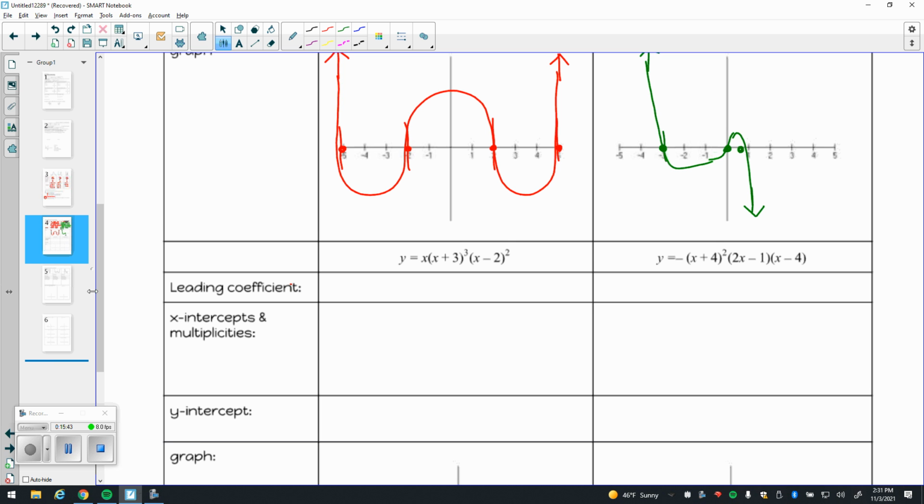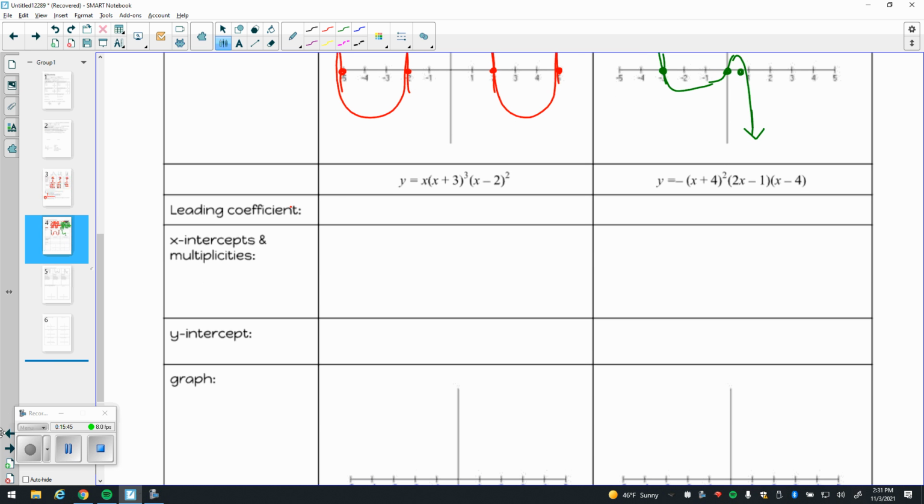All right. Leading coefficient, positive or negative? Positive. Even or odd? Even, odd. You have to distribute the x. There's a three. It's odd, but not because it's 3. It is odd because you have to add your exponents.